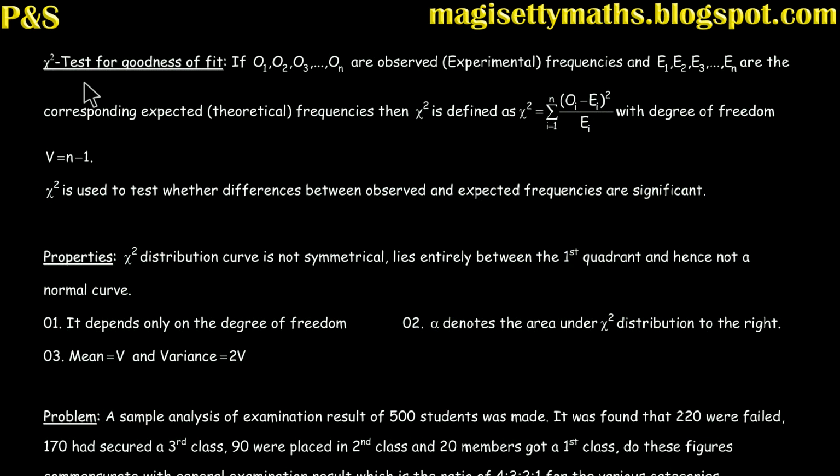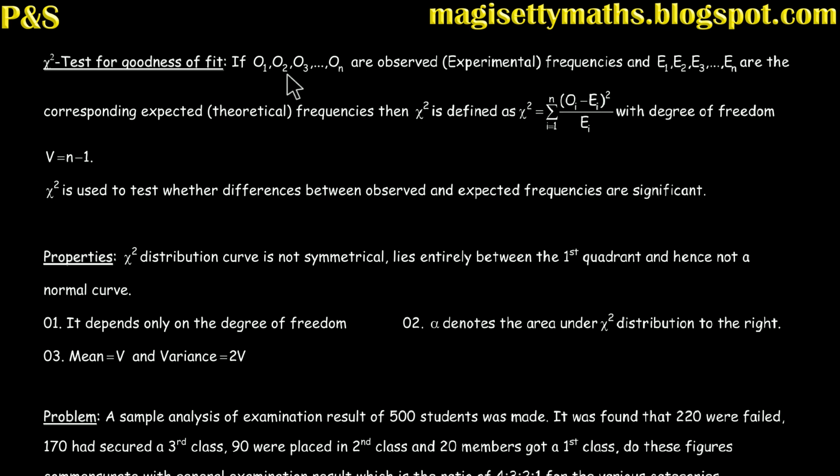In this video, we discuss the chi-square test for goodness of fit. The chi-square test is used to test whether there is any significant difference between observed frequencies and expected frequencies. The test statistic is given by chi-square equals summation i equals 1 to n of (Oi minus Ei) whole squared divided by Ei, with degrees of freedom v equals n minus 1.